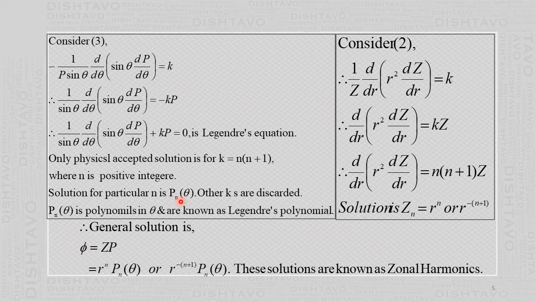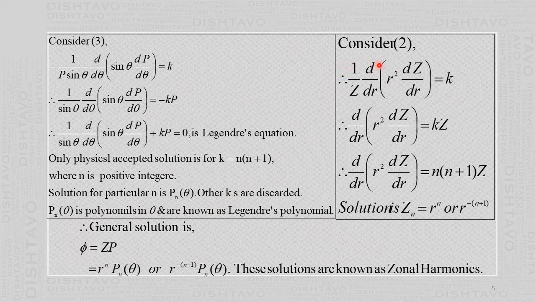We have come across this in section 1. Only for particular n, and other values of k are discarded, and this Pn is a polynomial in cos theta and is known as Legendre's polynomial. Afterwards we will state what those Legendre's polynomials are for different positive integers n.